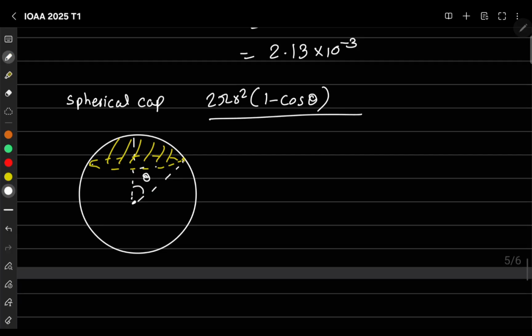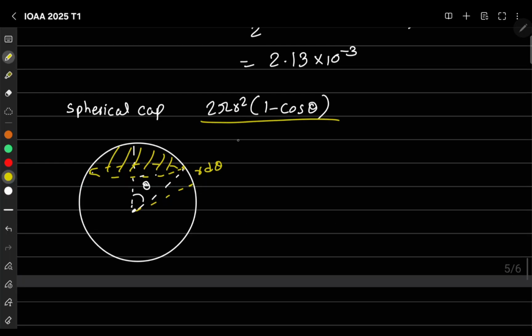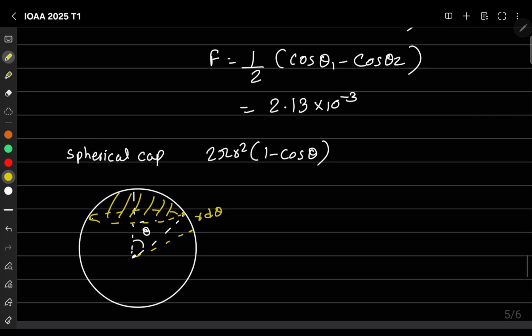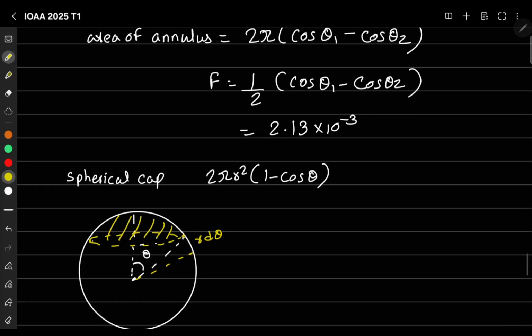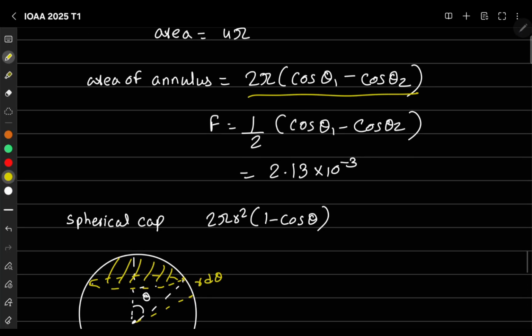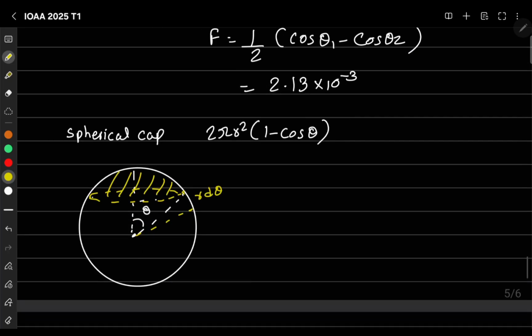This is a standard formula, or you can simply do the integration and calculate this, and you will get the same formula. So if I substitute theta 1 and theta 2, I get this formula, and then I can simply divide it.